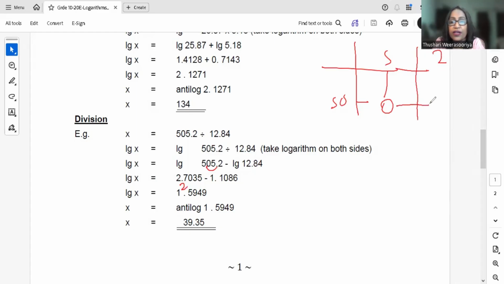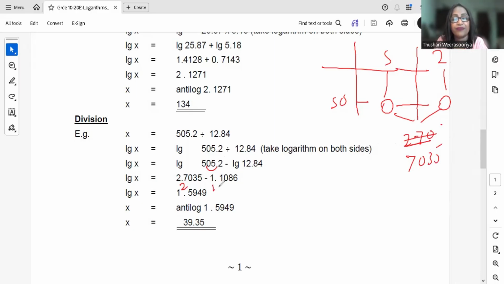What is the corresponding value for this 2? Then you add these 2. There you get 7035. Since the characteristic value is 2, it is 2.7035.